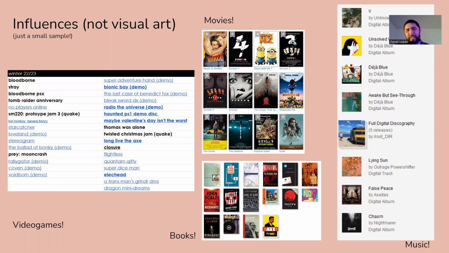I like smaller scale things because it's less daunting than thinking, oh, I'm gonna spend 100 hours on this. I mean, you will see that I did complete Bloodborne and Tomb Raider Anniversary and Prey Mooncrash, for example. But yeah, indie games are my passion, I guess, when it comes to video games.